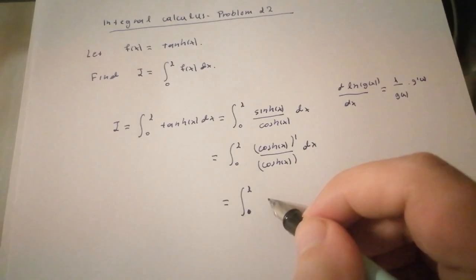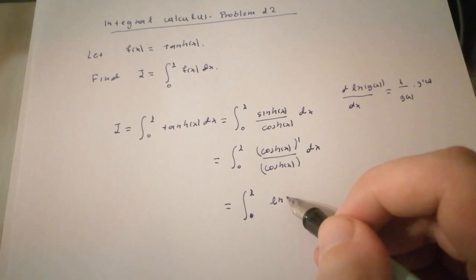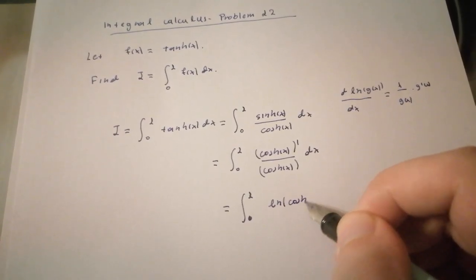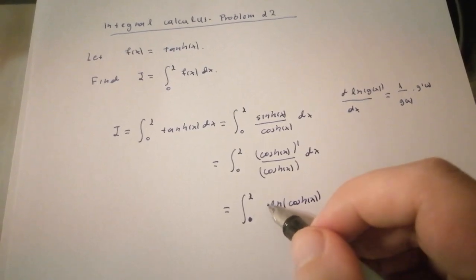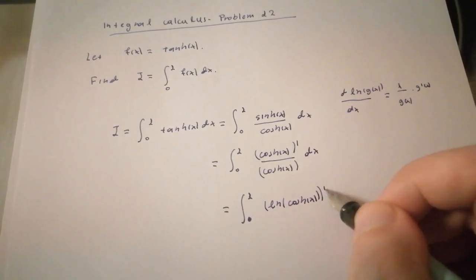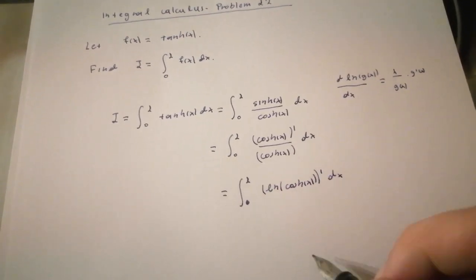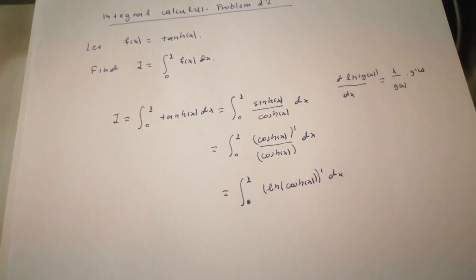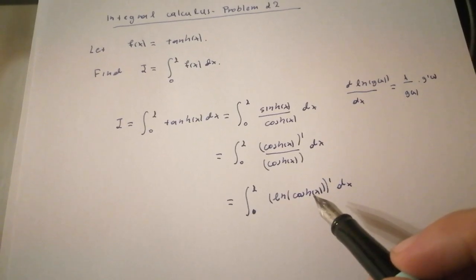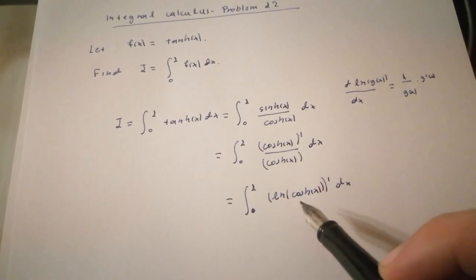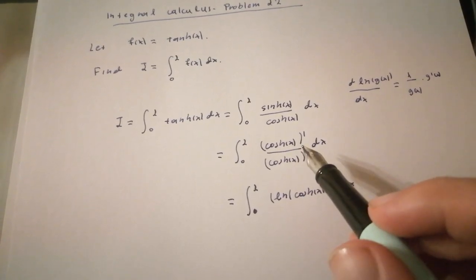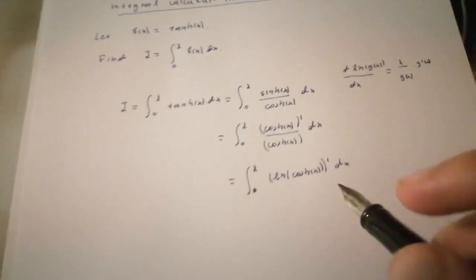So we have natural logarithm of cos hyperbolic x, and this is prime dx. So if we differentiate this function, we get 1 over cos hyperbolic of x times cos hyperbolic of x prime, which is the sine hyperbolic of x.